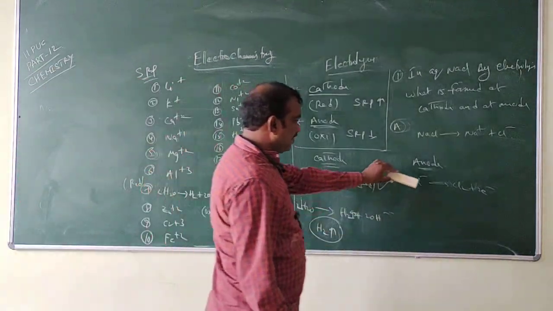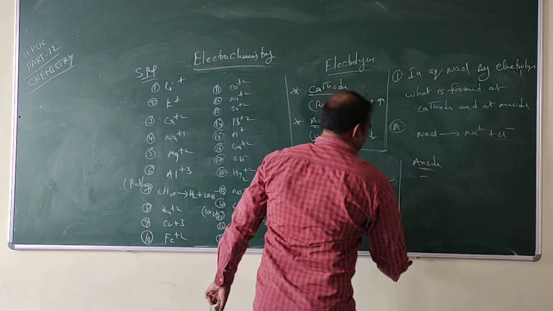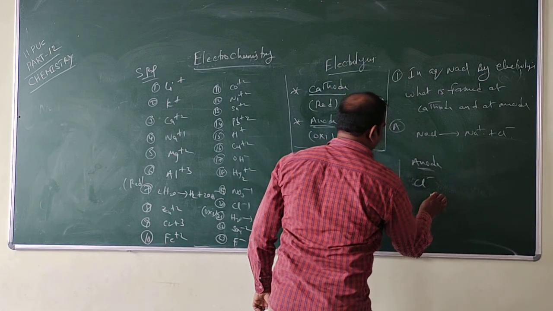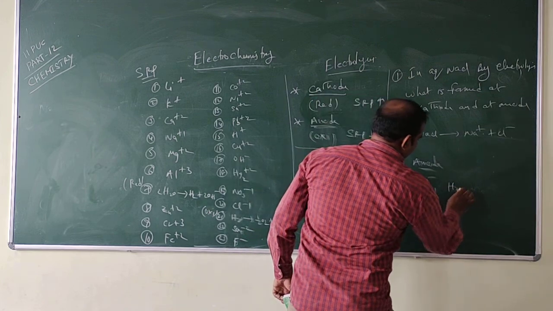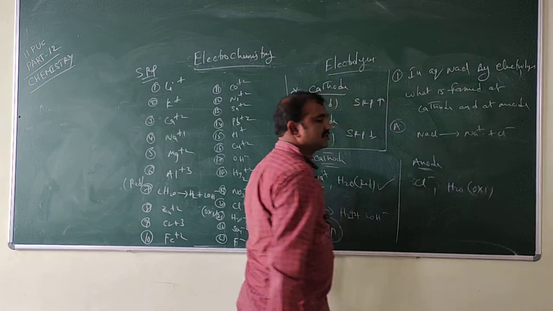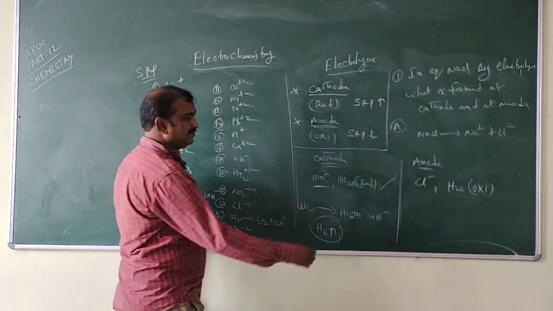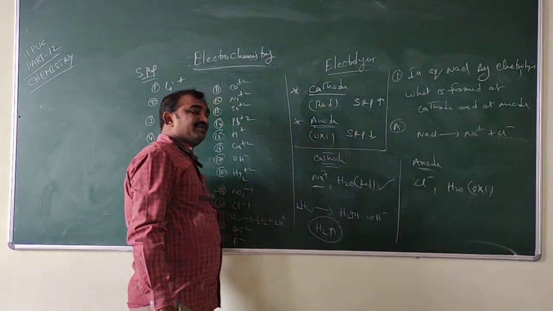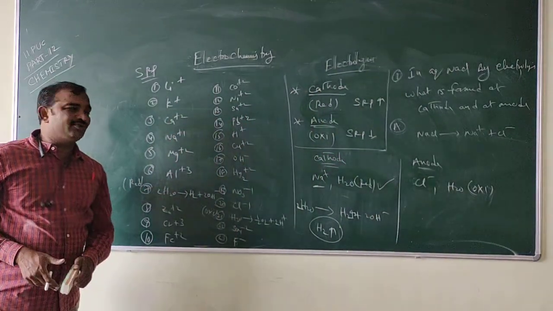Anode. See, look here. At the anode, we have to take Cl- and also H2O. Anode oxidation. SRP value is low. Cl- and H2O oxidation, which is having less SRP value?